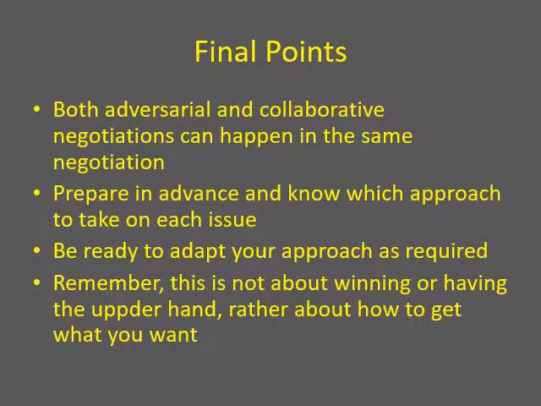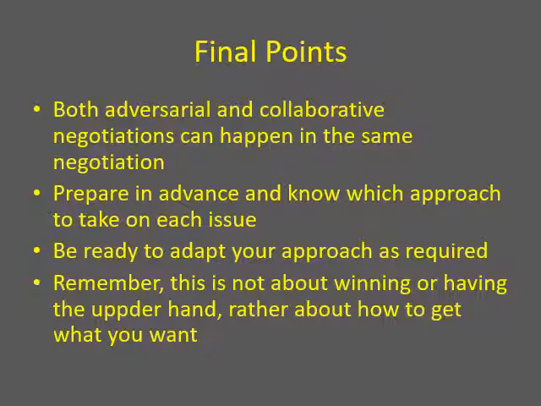So the final point I will make in terms of understanding adversarial versus collaborative negotiation is you can have both in the same negotiation. You can have a big project where you both want to see the same outcome, but the supplier may want to use, for example, a higher price product, and you may not think it is justifiable, you may not agree with that.